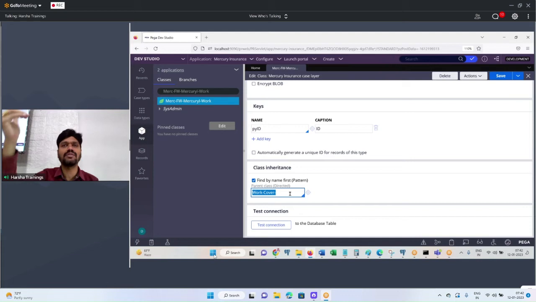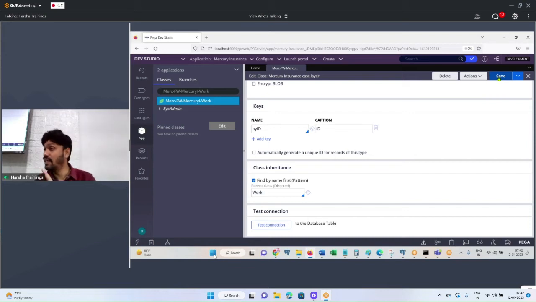Work dash, cover dash is an OOTB class which comes under work dash. Work dash is OOTB, right? Under that work dash, cover dash is there. For example, I am removing this current work cover dash and trying to save. Has it been saved or not? We will wait. Saved or not? The transaction class is directly inheriting from work dash.